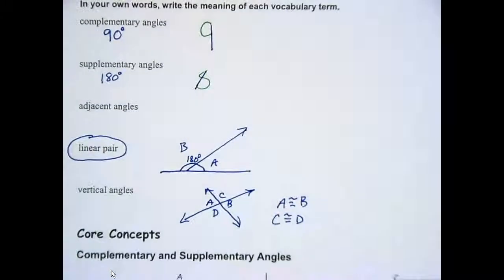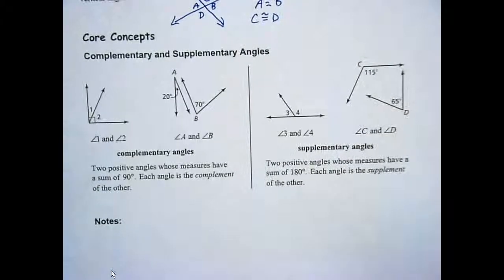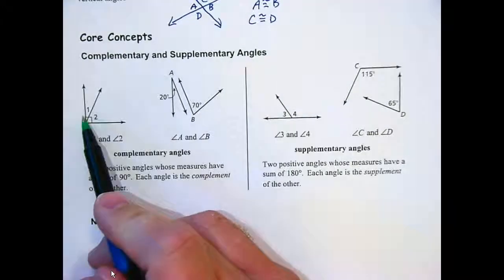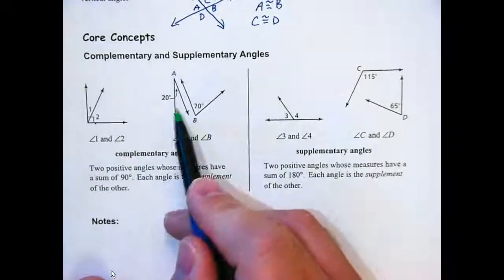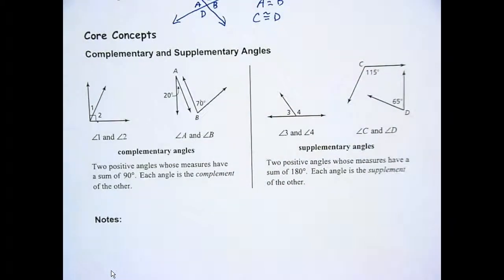Any questions? I just want to point out on the bottom, there's some pictures of complementary and supplementary angles. Notice the angles do not have to be joined. 1 and 2, here they make complementary, but they also make complementary like this. Same thing with supplementary. Okay.